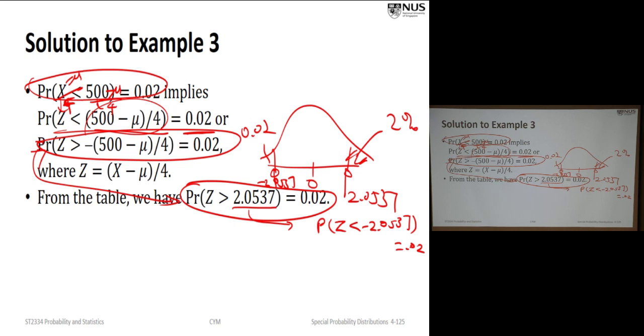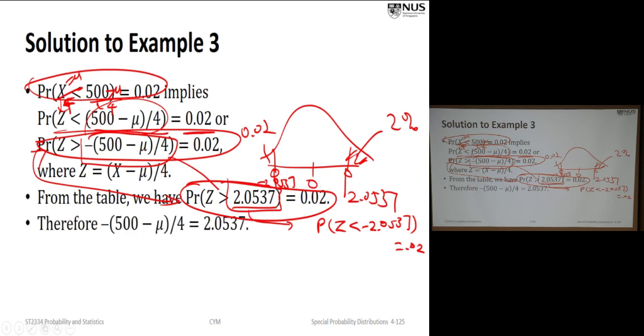So these two numbers must be the same, right? So this is the equation. Solve this equation, we find that mu equal to 508.2. So you need to set your machine to dispose on average 508.2. Sometimes it's even more, sometimes even less. But we expect only 2% of those packets of sugar will have less than 500 grams.